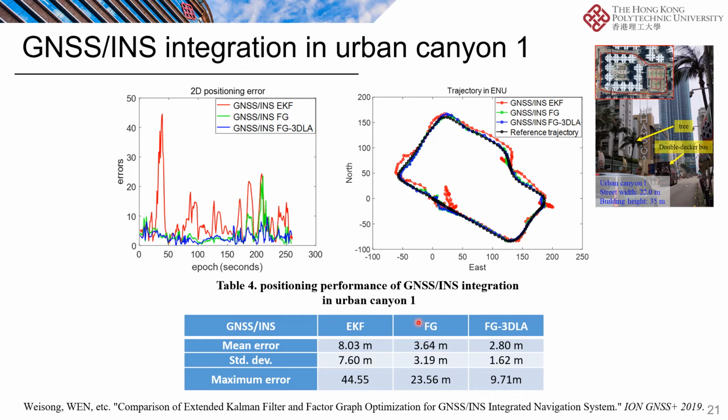You can find, compared with the EKF, the factor graph obtains significantly better results. The error decreased dramatically using the proposed method. This is due to the proposed error detection and correction method, the contribution from the NLOS correction and the reweighting.